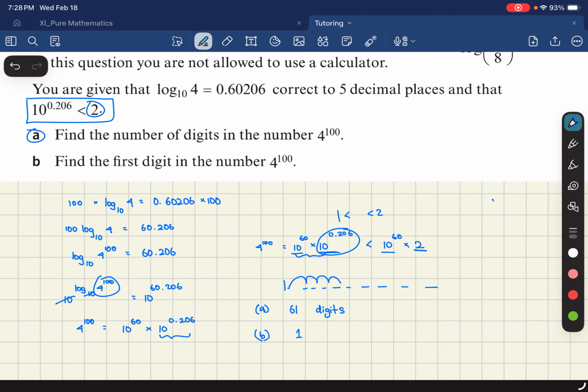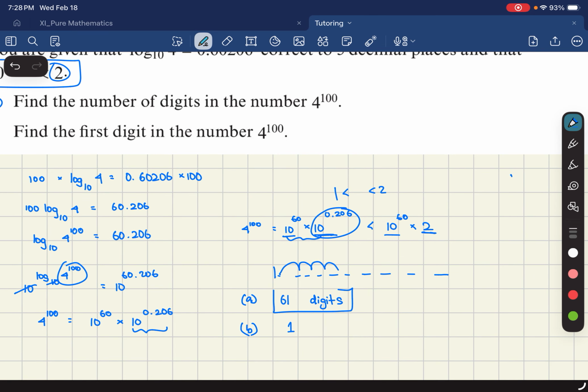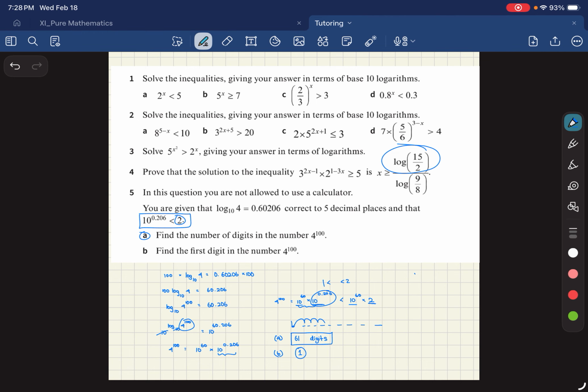And the reason that it is 1 is something that we just discussed. Because we're moving the decimal point 60 times, and we have 1 point something, then when you move it 60 times, you get 61 digits before your decimal point. And because we just discussed that it starts with 1, I think that is the answer for 5.